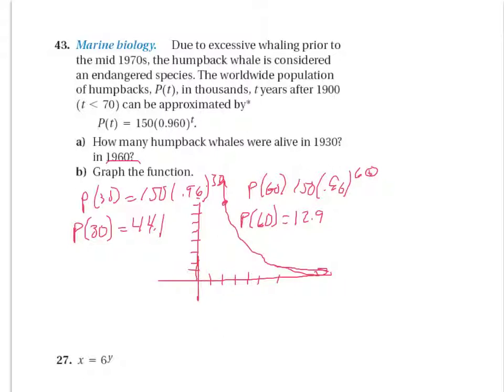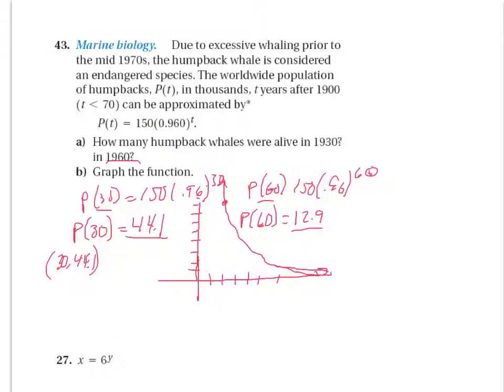How did you choose those points? Well, they told me 30 and 60, and then I just plug the numbers in. So the Y value is 44.1 for 30, and then it's 12.9 for 60. I'm still not understanding. So that's a point, Emma. I have a point of 30 and 44,000. That's one point.